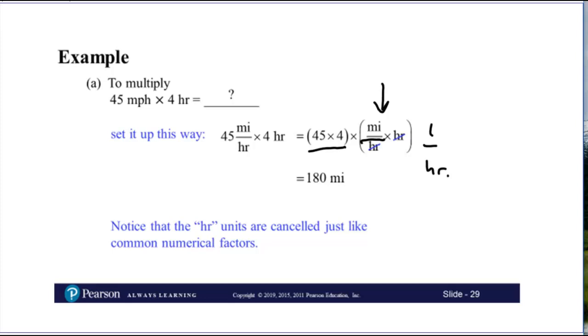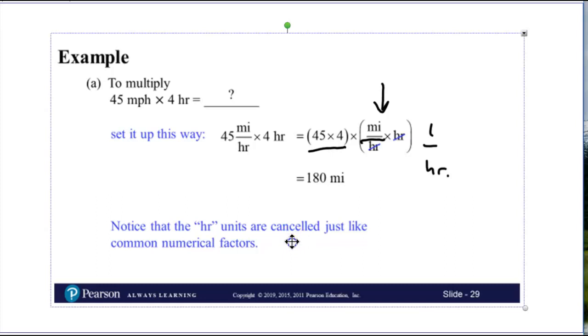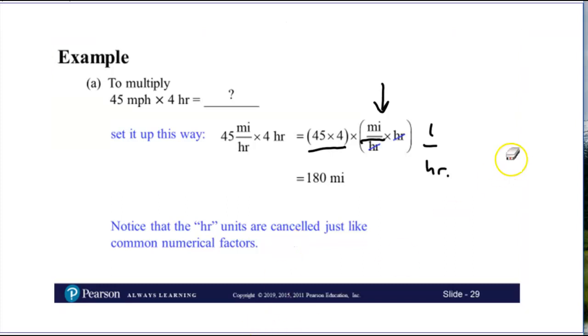Now, why did they put the hour up here and not, say, hour under here? Well, the reason why is because, remember, everything, if it's just by itself, if it's a number, if it's a value, is over 1, because that makes it a whole number or a whole value.